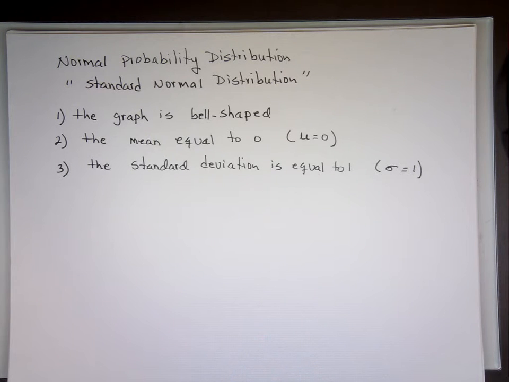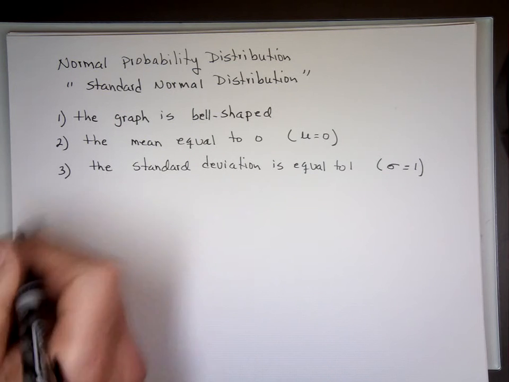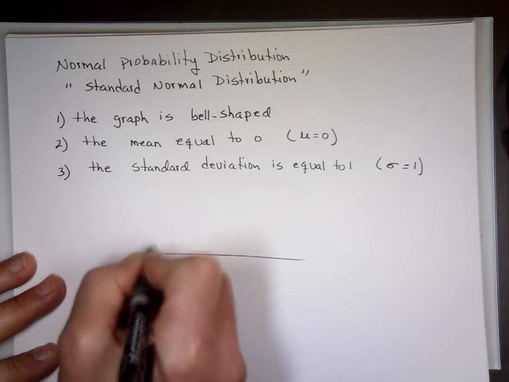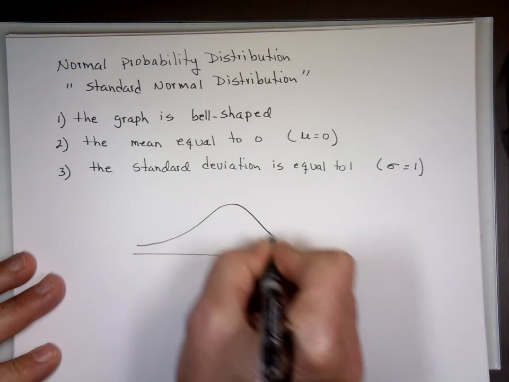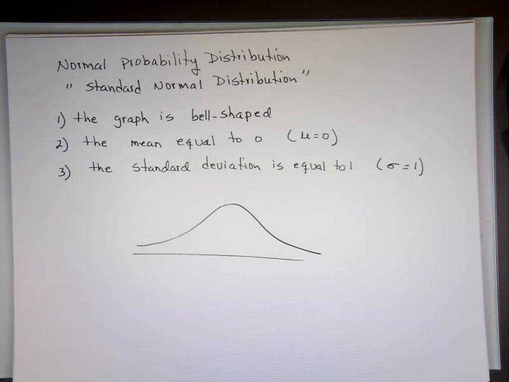Now, what we know about this graph is that it is called the density curve. So let's talk about that bell shape. We call that the density curve.